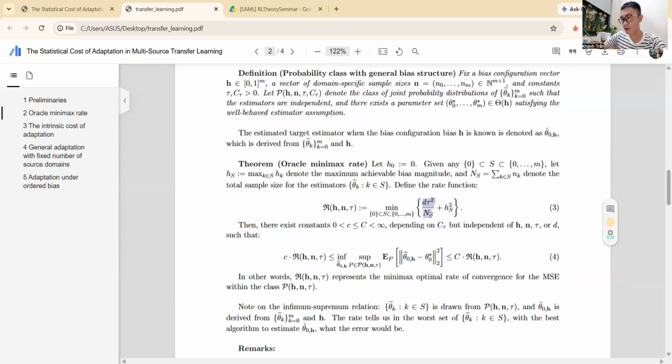The term d tau square over n_S can be seen as the variance, and H_S here is the maximum value of the bias configuration in that set of domains. So H_S square is the bias.